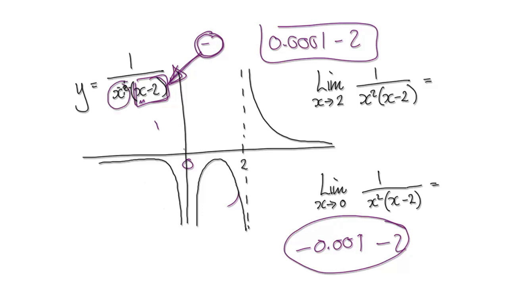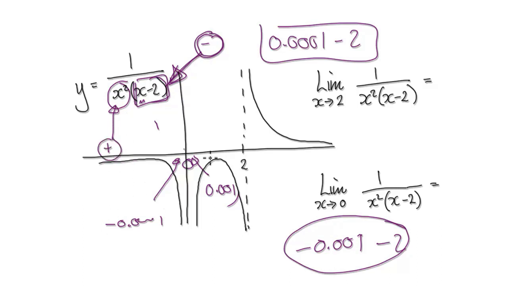Now if you look at this, just to the right of 0, 0.0001, when you square it, it will always be positive. If you consider negative 0.0001, and then when you square it, it will always be positive. So this thing here will always be positive, because you're squaring it.